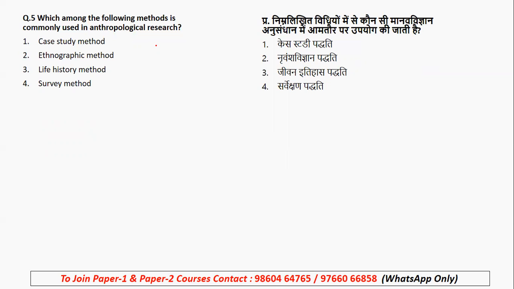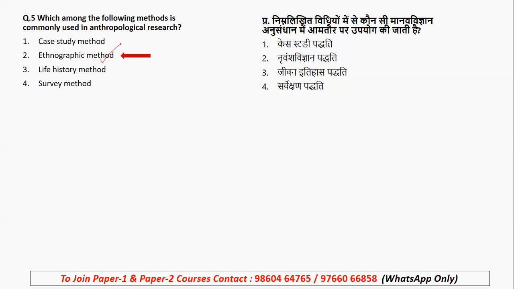In that, whether the case study method is used, the ethnographic method, the life history method, or the survey method. So which method will be used in anthropological research? When we talk about anthropological research, definitely ethnographic, because it is a study of a culture, a study of human society.